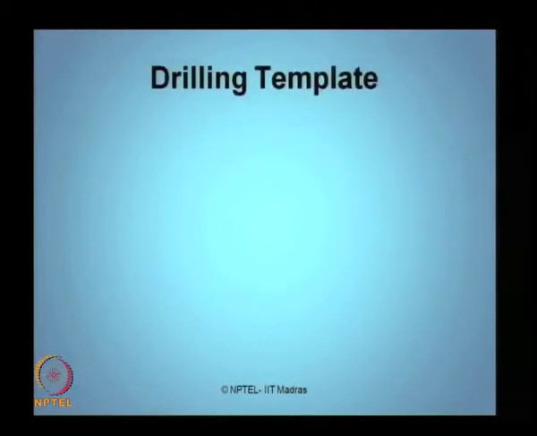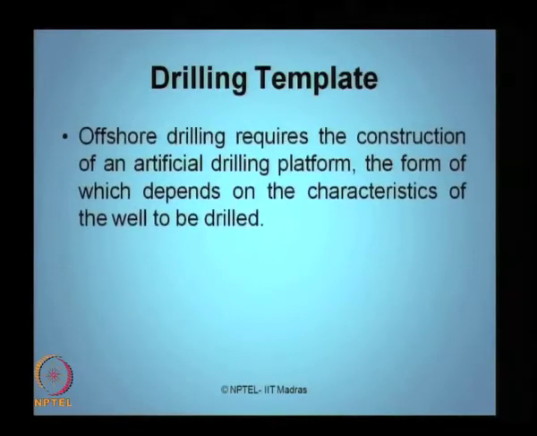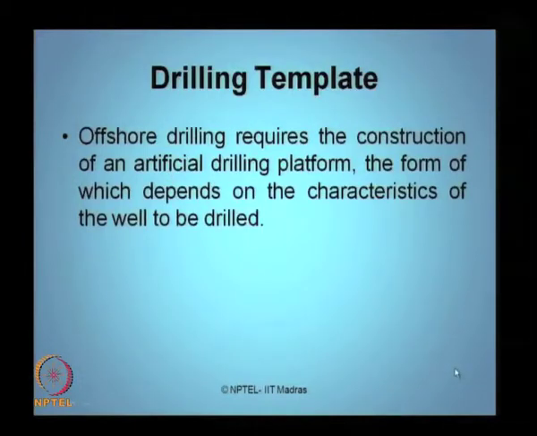What is called a drilling template? It is a very common terminology used in offshore drilling. Let us talk about the drilling template. Offshore drilling actually requires construction of an artificial drilling platform, the form of which depends on the characteristics of the well to be drilled.